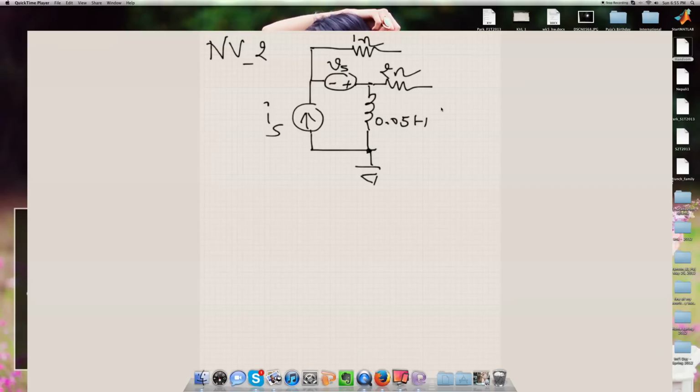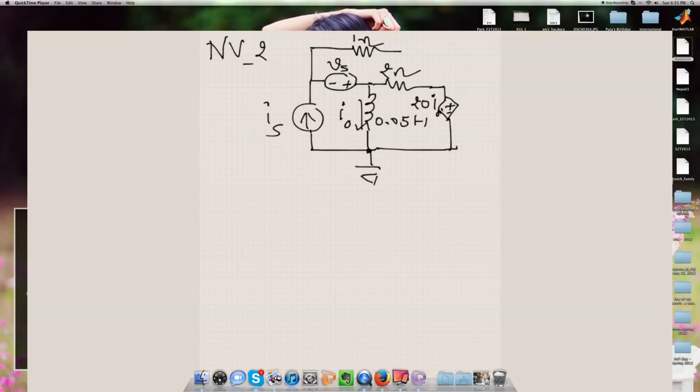Then there is a diamond, which is a dependent source. This one has plus and minus 20 I naught, where I naught is the current flowing through this inductor.